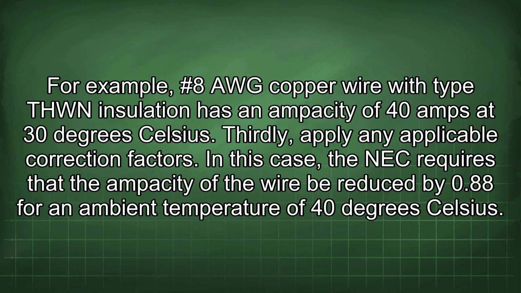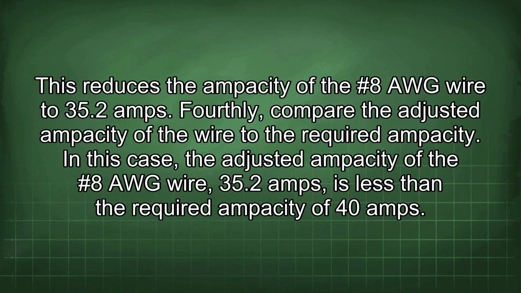Thirdly, apply any applicable correction factors. In this case, the NEC requires that the ampacity of the wire be reduced by 0.88 for an ambient temperature of 40 degrees Celsius. This reduces the ampacity of the #8 AWG wire to 35.2 amps. Fourthly, compare the adjusted ampacity of the wire to the required ampacity.